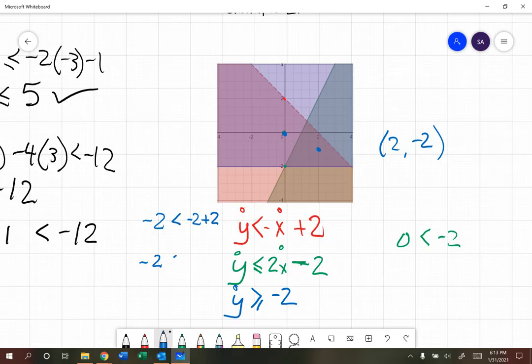Negative 2 less than or equal to 2 times 2 minus 2. Well, 4 minus 2 is 2. Negative 2 is still less than or equal to 2. And here, if I put a negative 2 in, less than or equal to negative 2. Oh, it's equal to. So that is a solution. So that proves that that triangle area is the solution to all three inequalities.